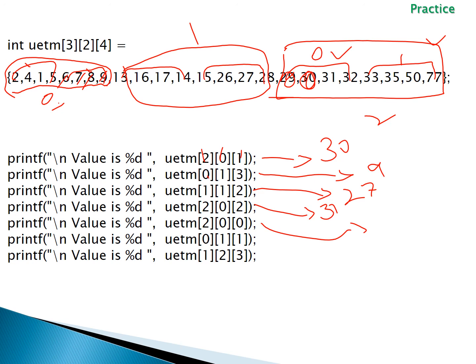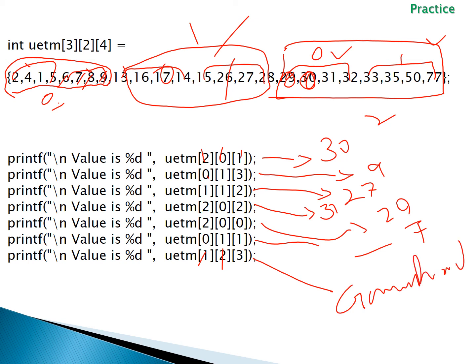The output will be 29. This one, 7. This one, for 1, so this one, for this 2, 0, 1, we don't have 2, so that means garbage value. So that's the output.